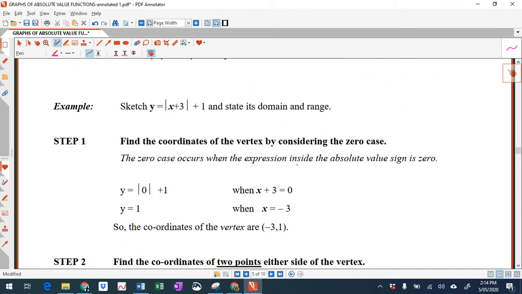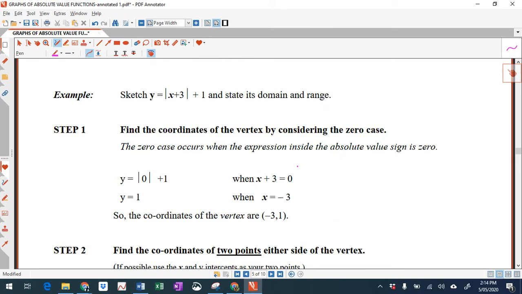Now, first question, it says, we're going to sketch y equals absolute value of x plus 3, plus 1, and state its domain and range. Well, step number 1 is to find the coordinates of the vertex by considering the zero case. The zero case is simply when the expression inside the absolute value sign is 0.